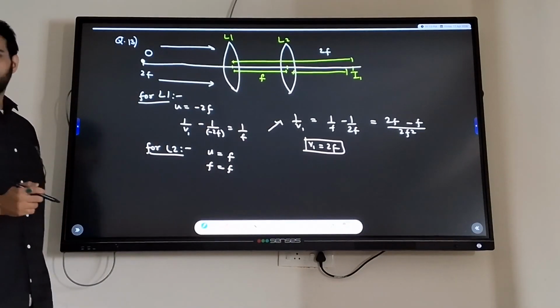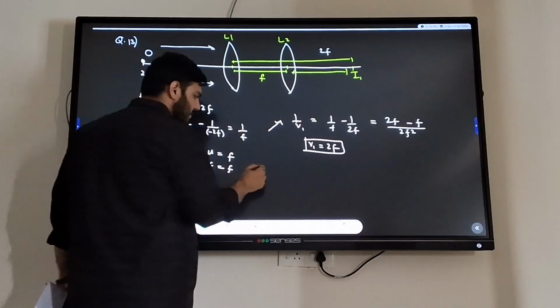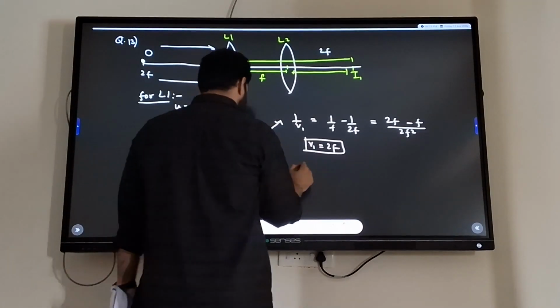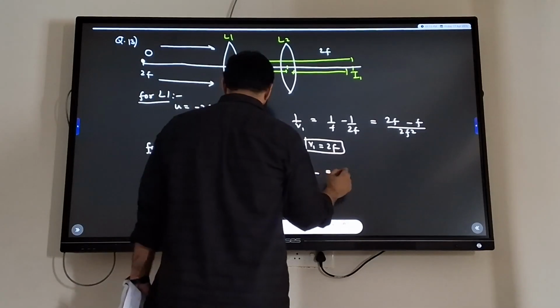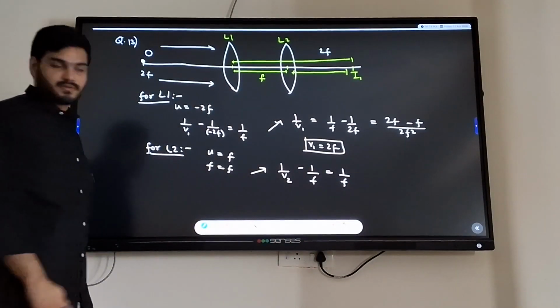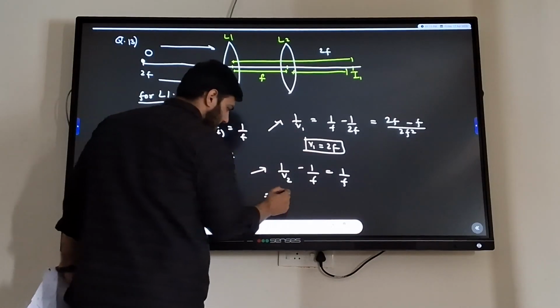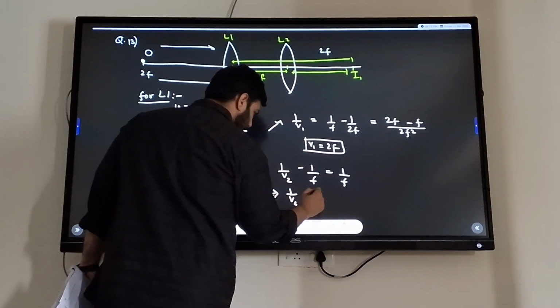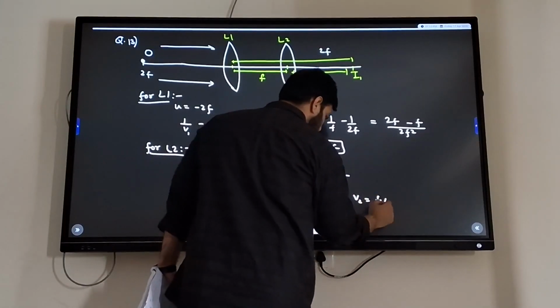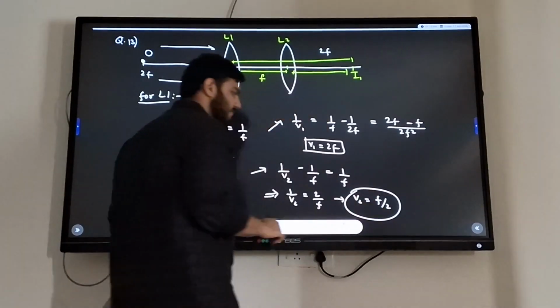Plus F. What will my final image be? So my final image V2 will be this thing. What is this equal to? 2 by F. So where is my V2 formed? F by 2, positive.